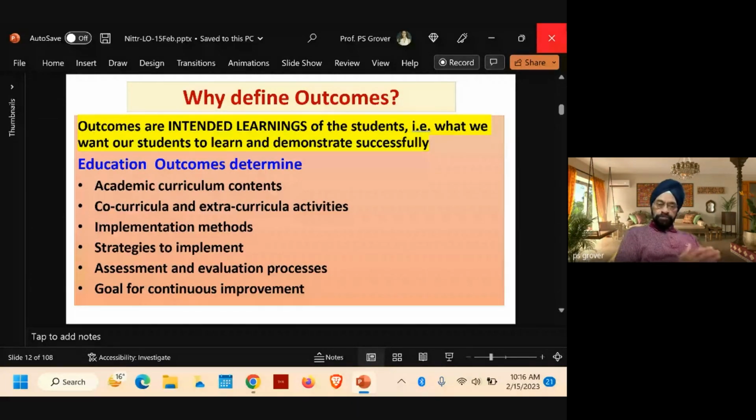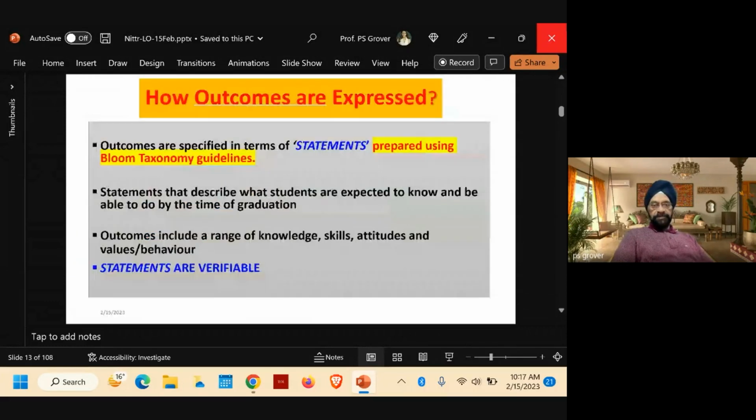That is, once outcomes have been decided, that what student learning has been decided by the institute, by the faculty, then all other activities of delivery of lecture and assessment get defined.